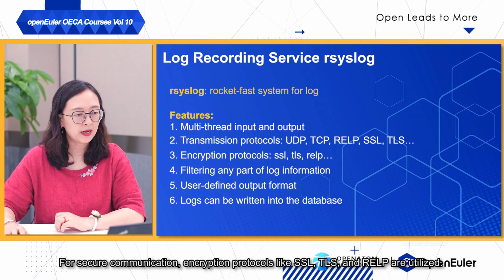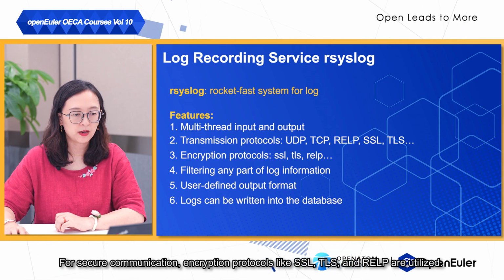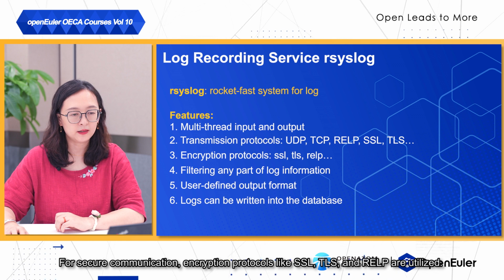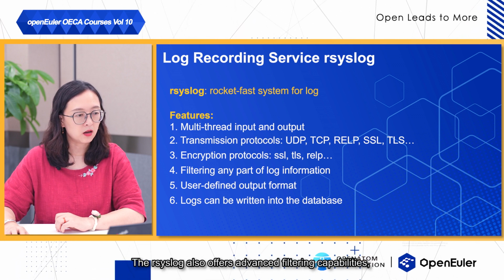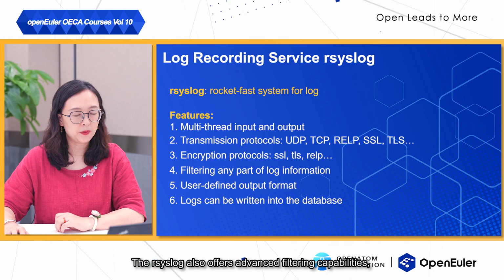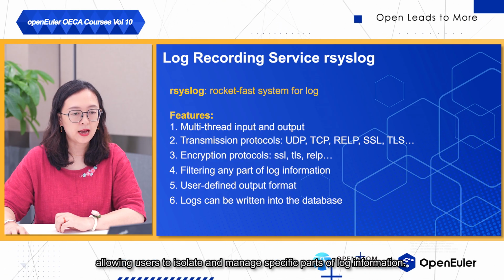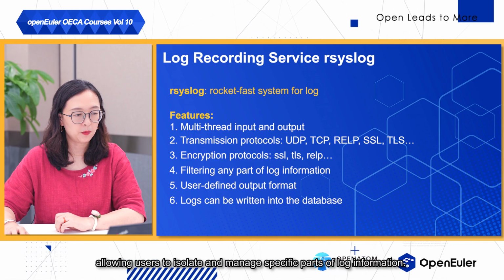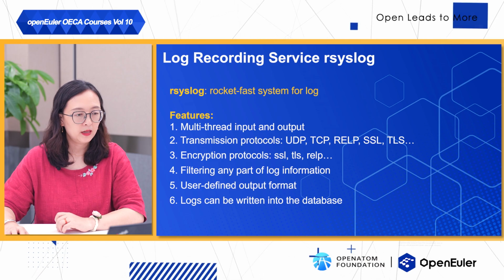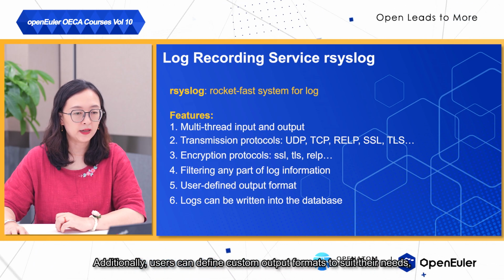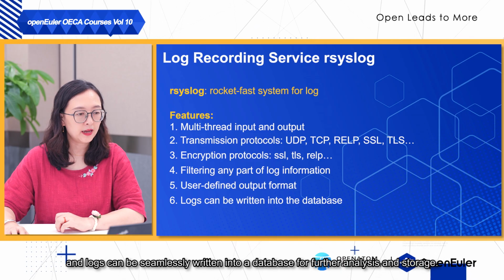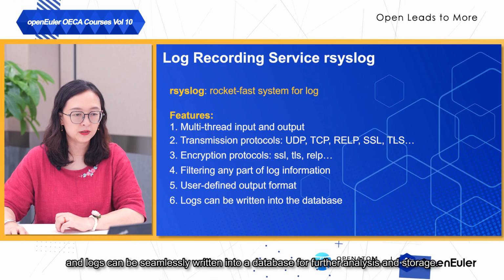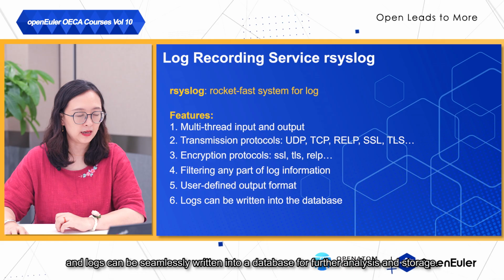For secure communication, encryption protocols like SSL, TLS, and RELP are utilized. rsyslog also offers advanced filtering capabilities, allowing users to isolate and manage specific parts of log information. Additionally, users can define custom output formats to suit their needs, and the logs can be seamlessly written into databases for further analysis and storage.